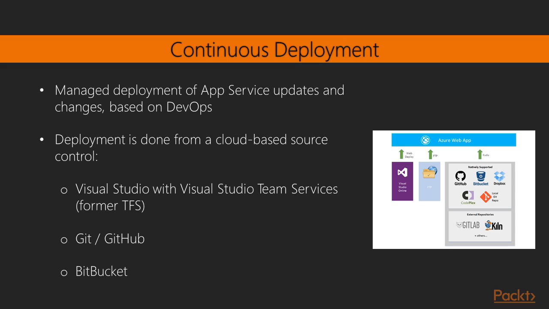Now, why should you use continuous deployment? First of all, because it provides you version control, which means it allows for rollback. Imagine you're deploying a web application, and then once it's in production, you find some errors in the coding.